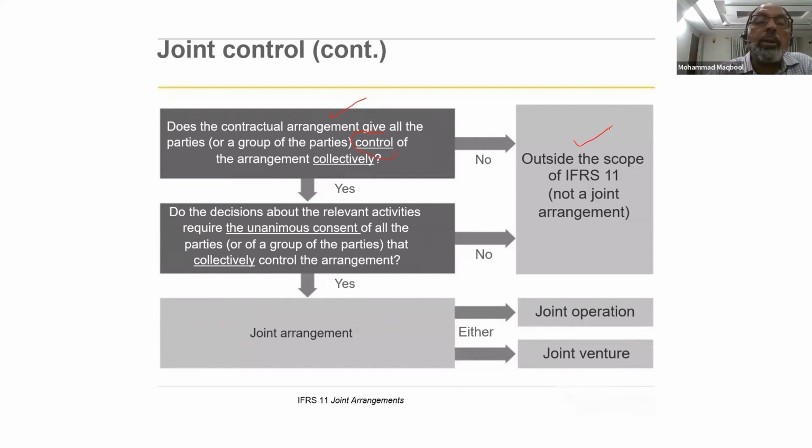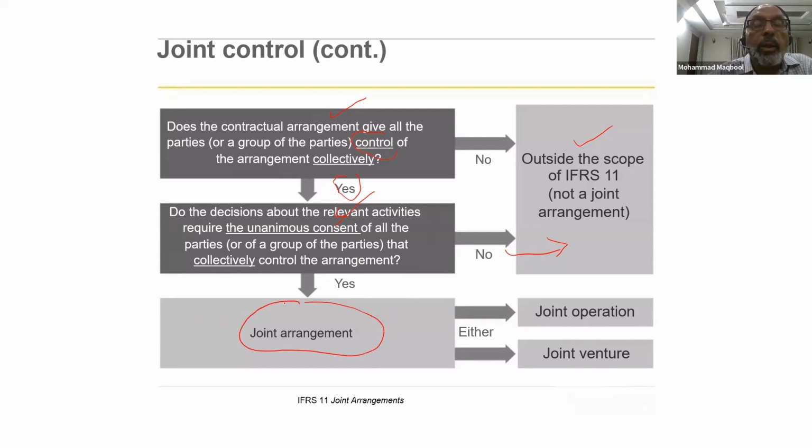If yes, then we look at unanimous consent, the joint control. If the answer is no, then again we are out. If the answer to both is yes, there is a group of people who have control and certain people out of them who have joint control, then it's a joint arrangement.